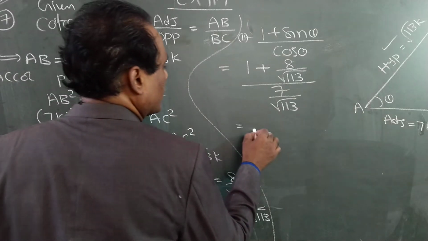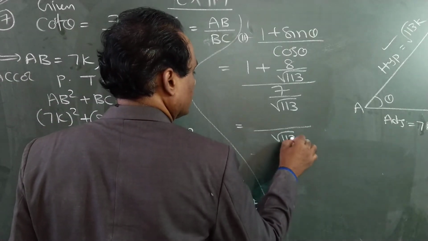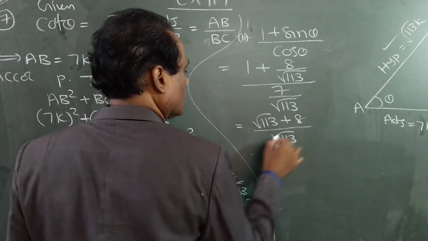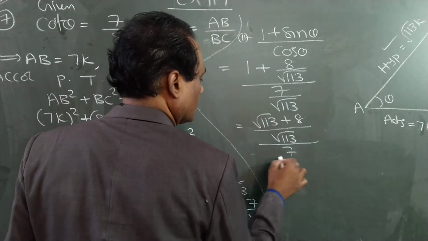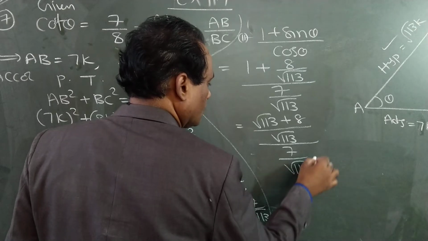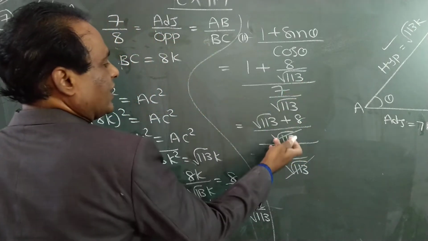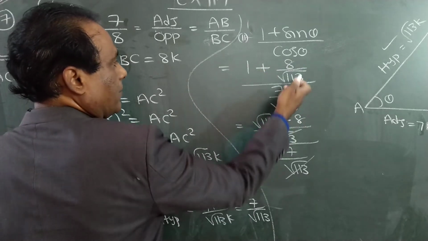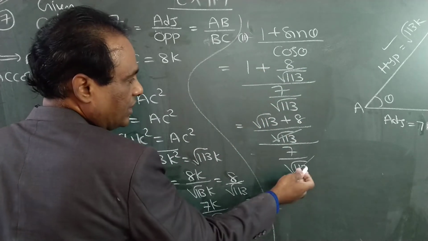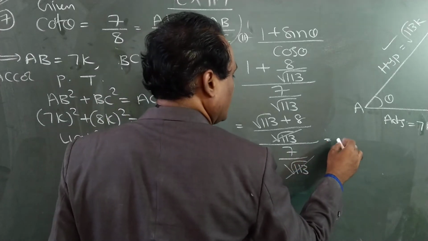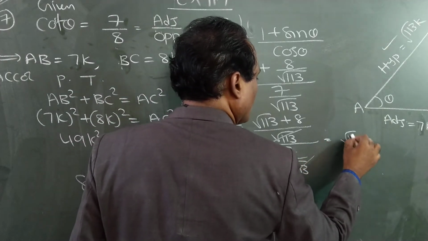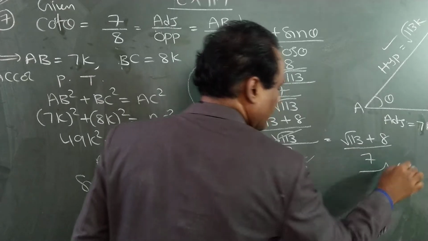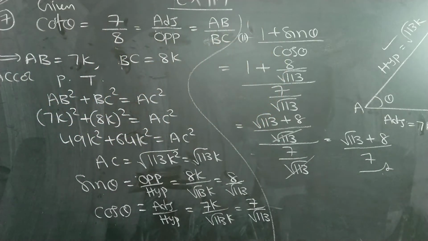Take LCM in the numerator. Root 113 into 1, root 113 plus 8 by root 113, by 7 by the same. The denominator cancels. So the answer is root 113 plus 8 by 7. That is the answer. This is the second bit.